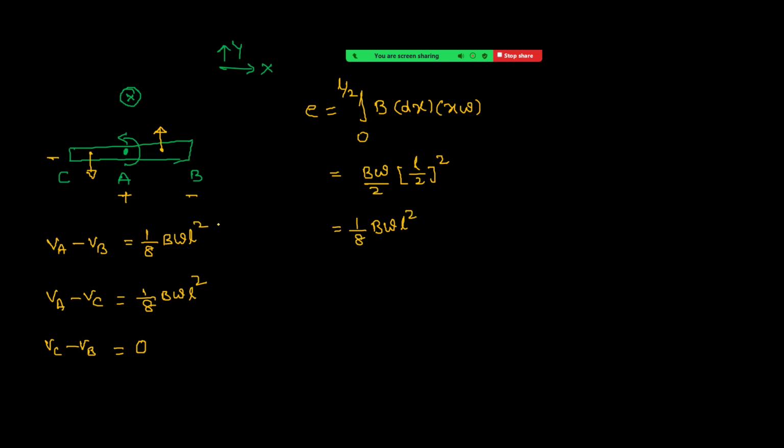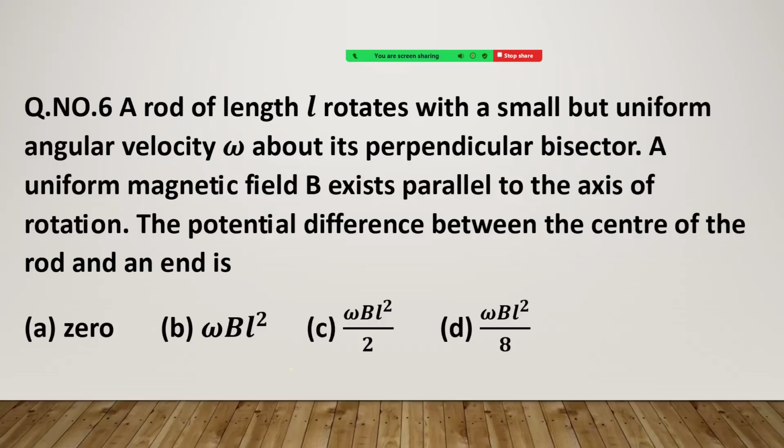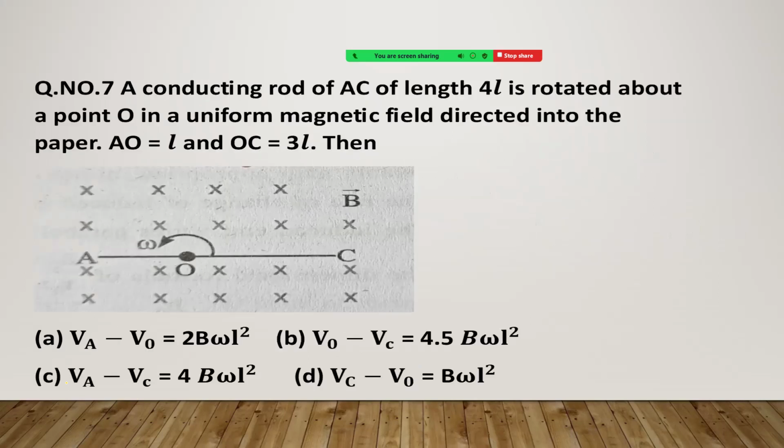Or directly we can say from these two, VA minus VB and VA minus VC are equal, that means VB equals VC, right? That's why VC minus VB or VB minus VC equals 0. So the option is option D, right? Let us see the next one.